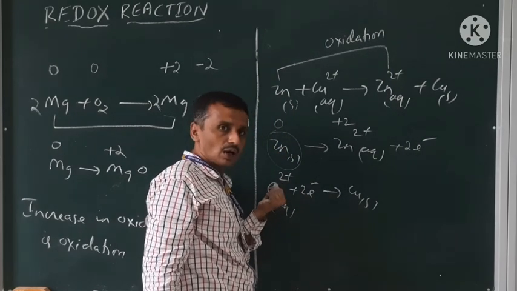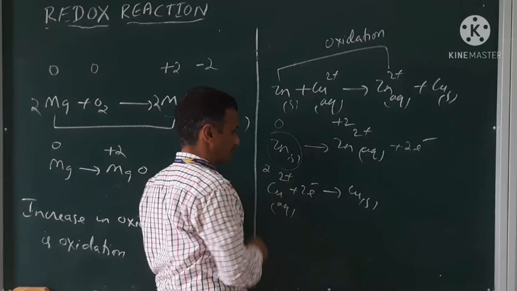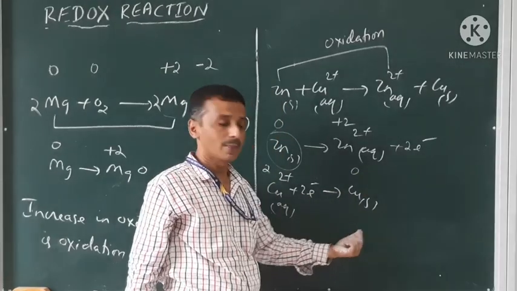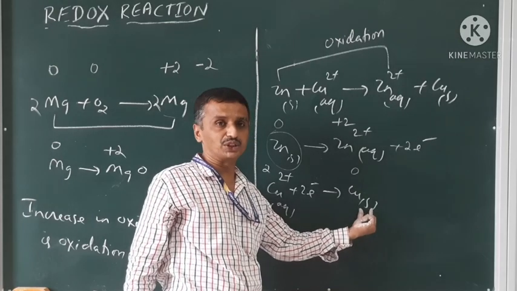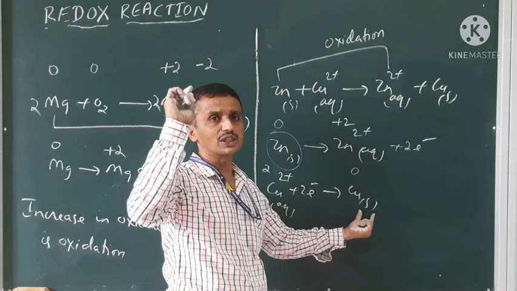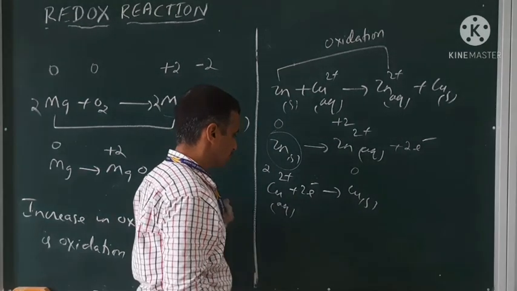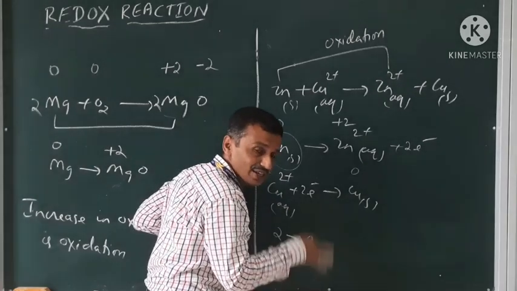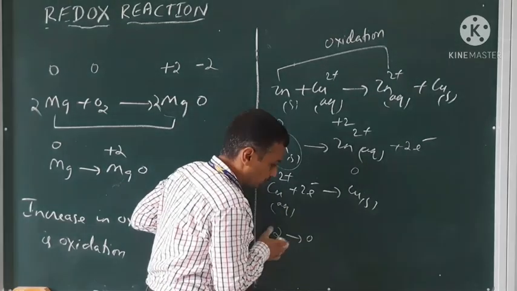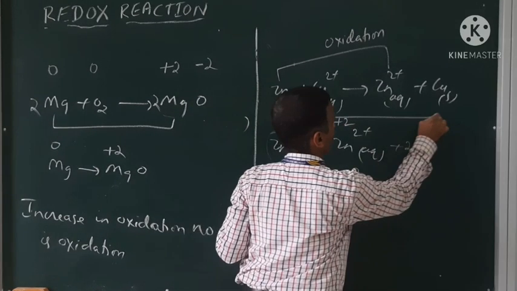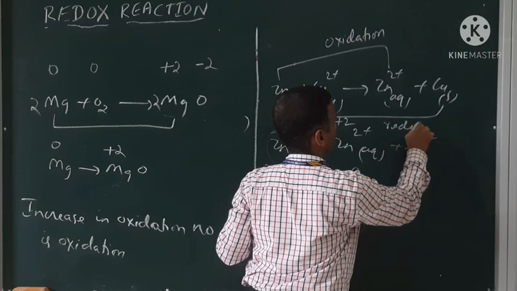Now, copper 2 plus is in the plus 2 state, whereas copper is in the elemental state here. Anything in the elemental state has oxidation number 0. So 2 to 0, is it a decrease or increase? 2 to 0 is a decrease, which means copper 2 plus giving copper is a reduction process.